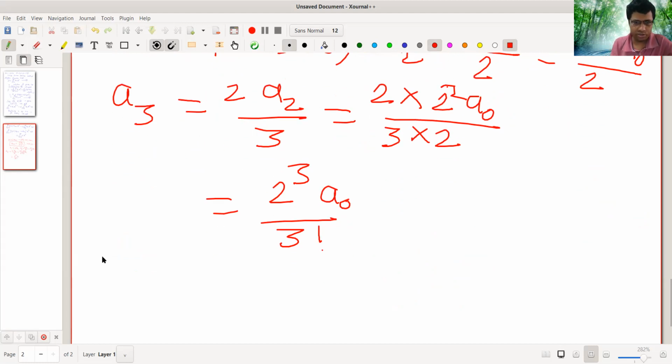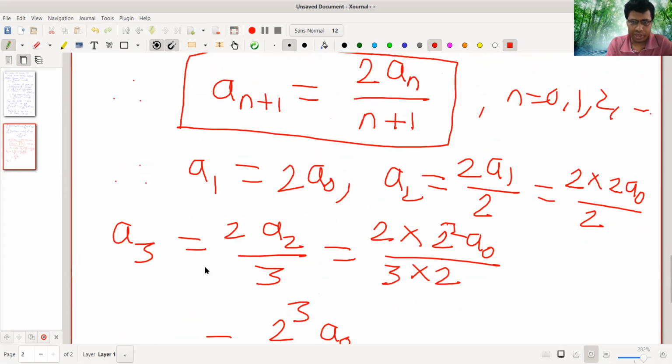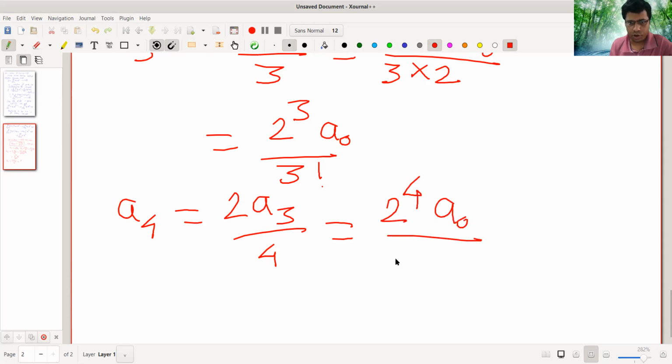Similarly, a4 equal to 2a3 upon 4. But a3 is 2 raised to 3 a0 by 3 factorial. So this is 2 raised to 4 a0 upon 4 into 3 factorial.